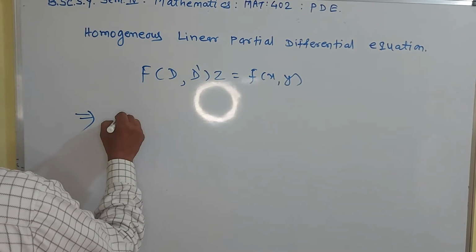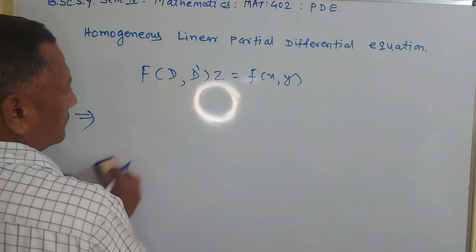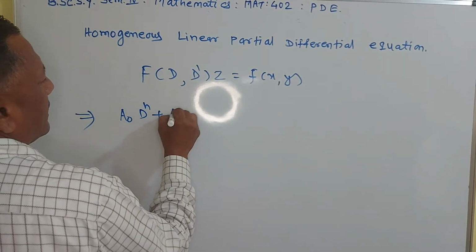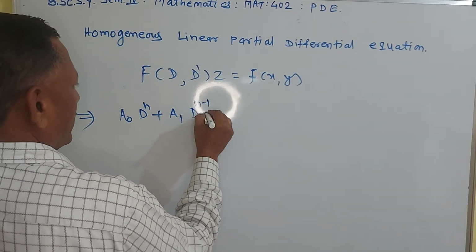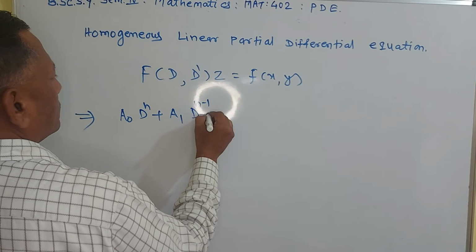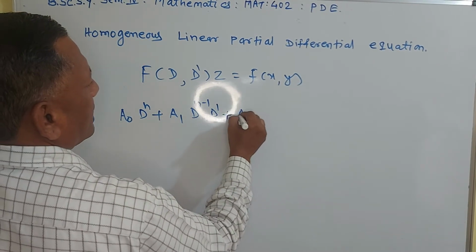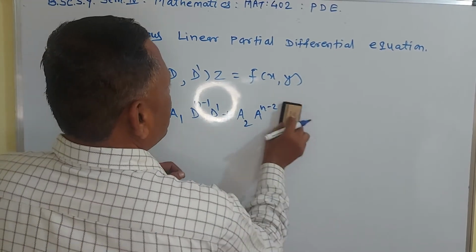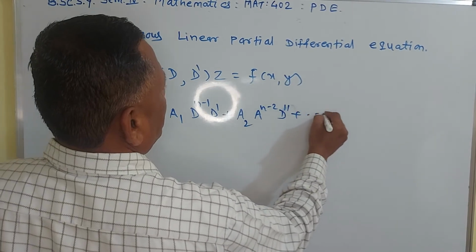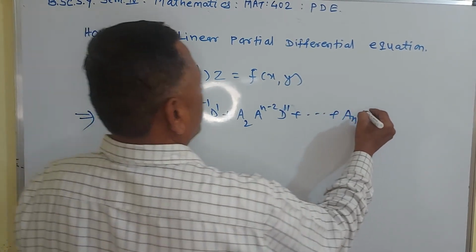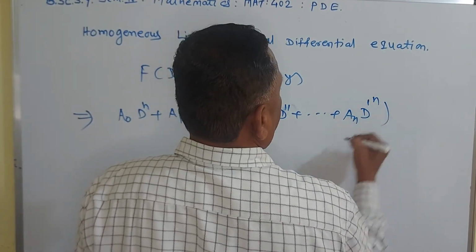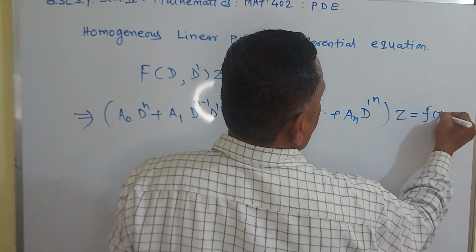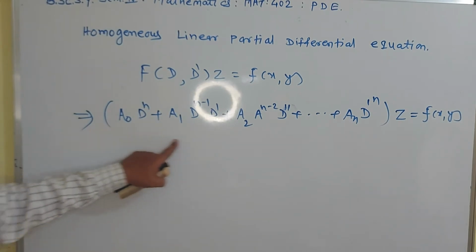So this can be written as a0 D^n plus a1 D^(n-1) D' plus a2 D^(n-2) D'^2 and so on up to an D'^n operated on z equal to f(x, y). So this is the homogeneous linear partial differential equation.